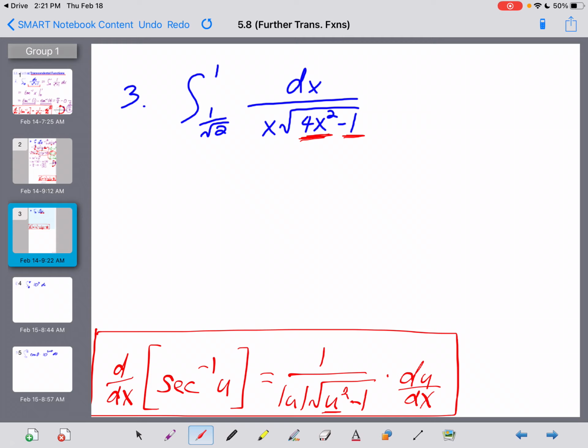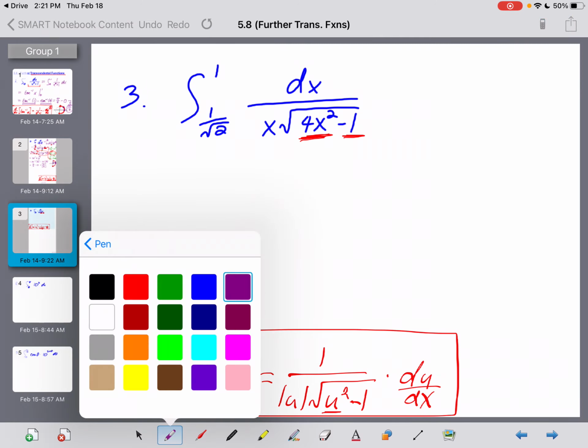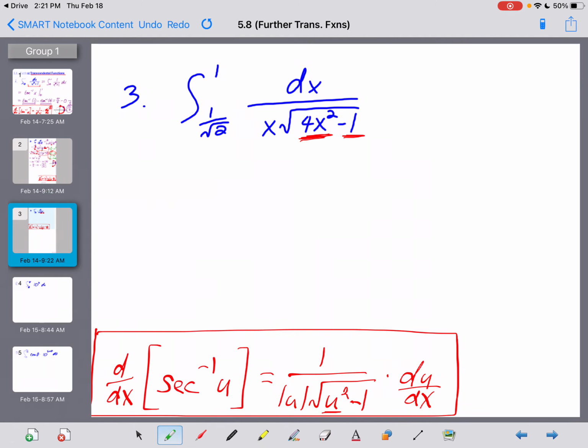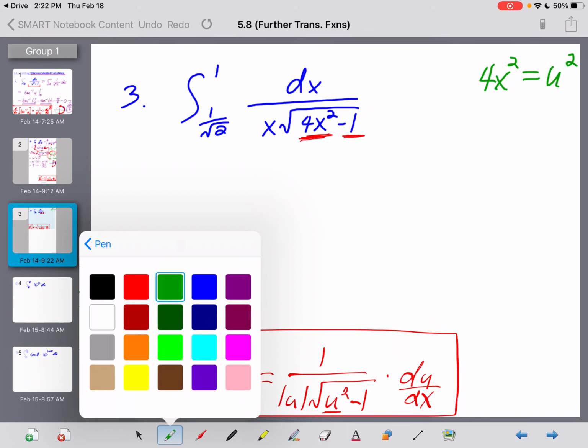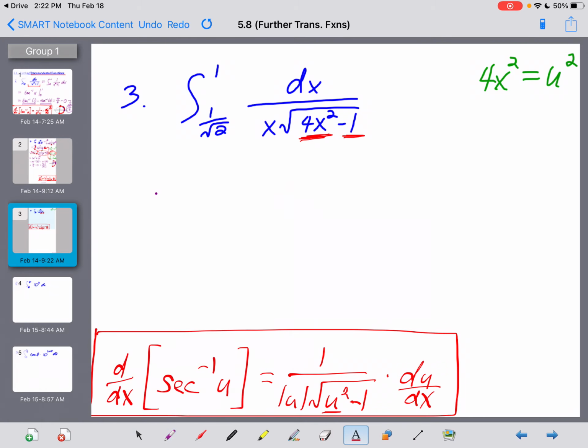All right, what I hope you guys are going to see already is that we are one u substitution away from pretty much being in business. I need that 4x squared that's in the radicand right now to magically turn into a u squared. So I just set 4x squared equal to u squared, and poof, we're done, at least with that part. Let's see where we stand. So this is now going to be an integral, and I'm going to leave the limits of integration off for just a second.